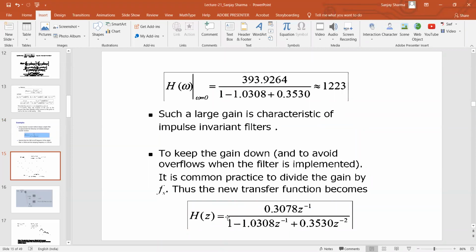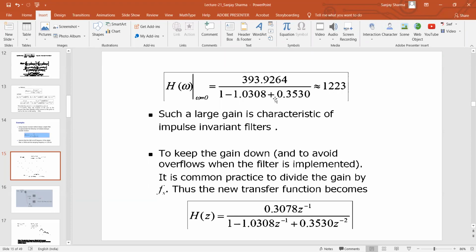Now from here, you can also find out the DC gain of the system. How will you find the DC gain? You replace every z with e to the power j omega, and then you put omega equal to 0, and you will get the DC gain.